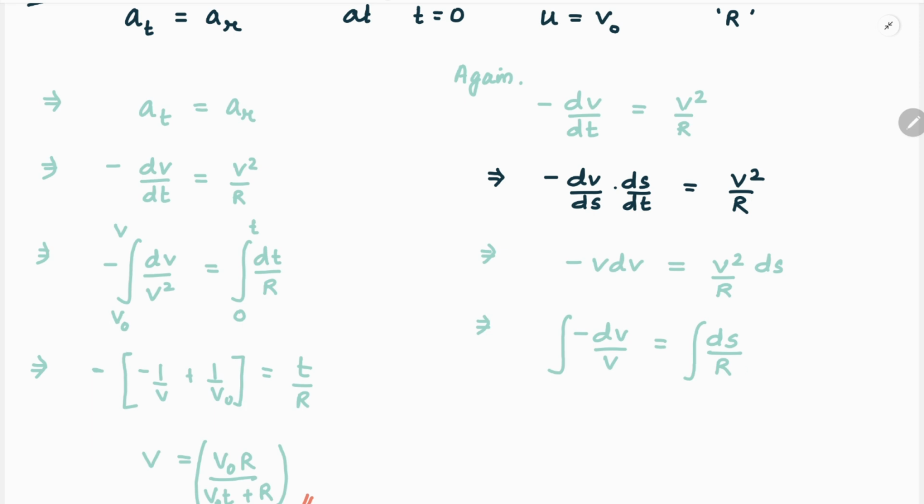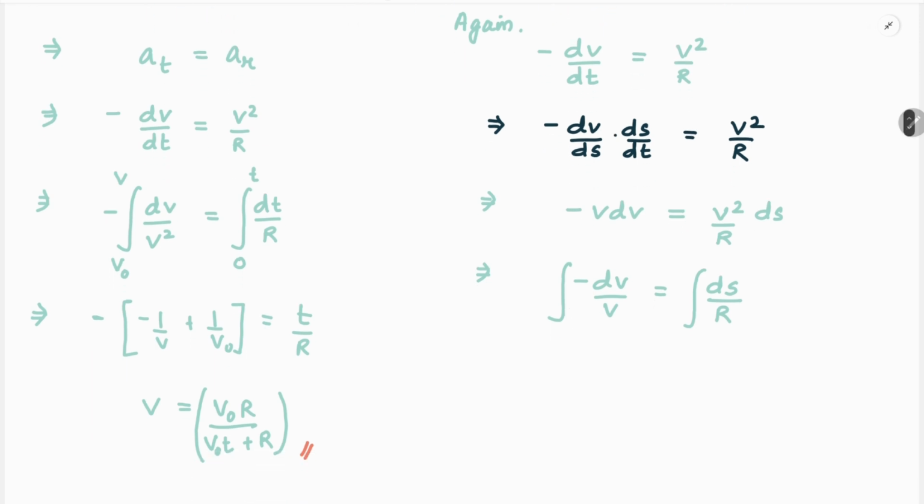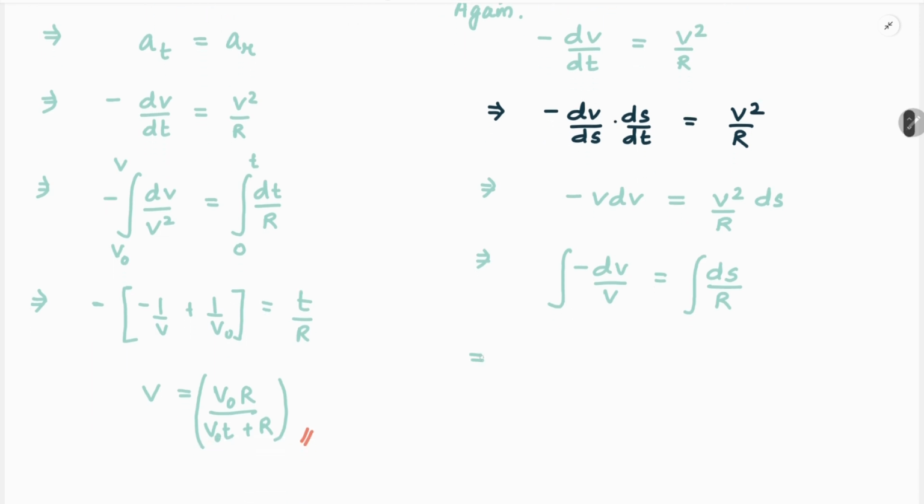This time we do not have the upper and lower limits fixed, so we obtain the expression ln v equals minus s by r plus a constant of integration.